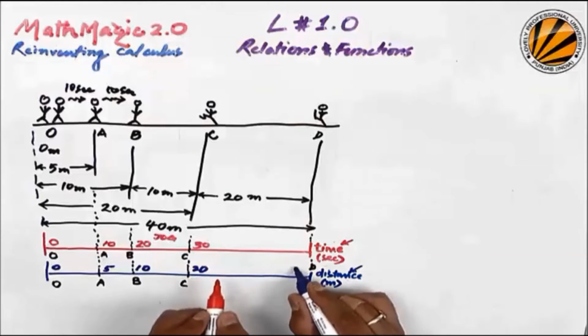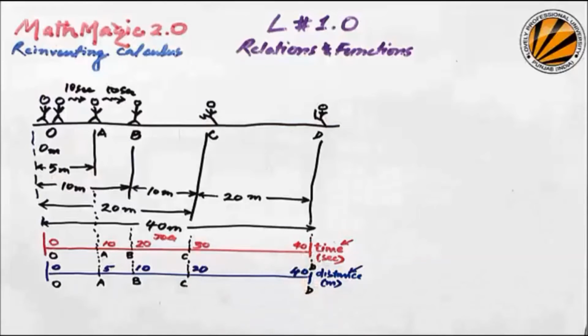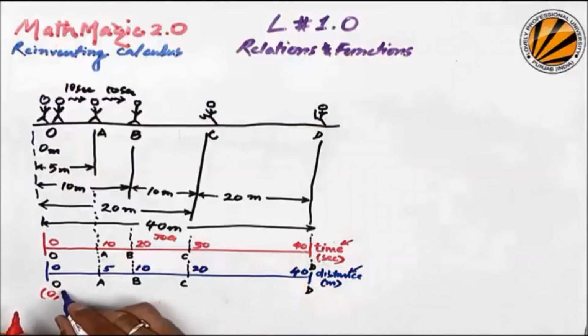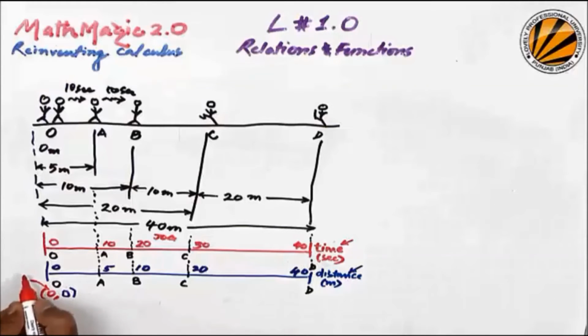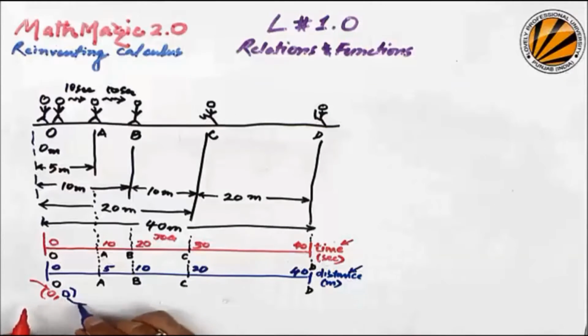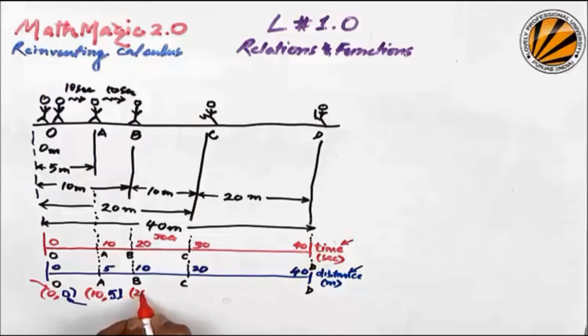So if I create a combination of time and distance, it would be in the very beginning 0, 0. The time at O was 0 and the distance at point O was 0. In the next 10 seconds, the time became 10 and the distance became 5 meters.